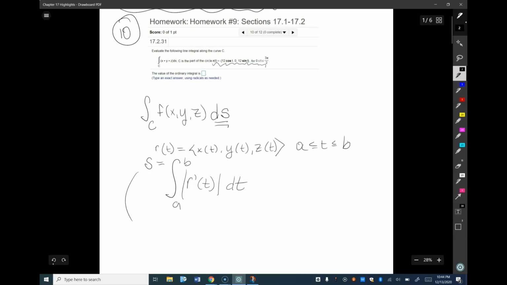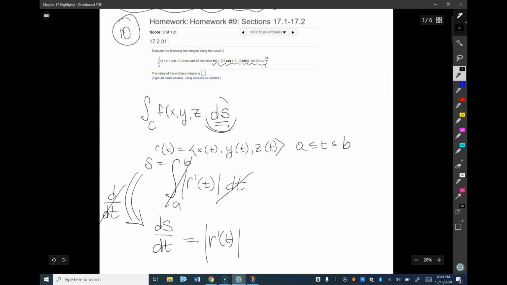Well, if we do a little bit of calculus on this, and in particular, I'm going to take the derivative with respect to t, we get ds dt equals, well, when I differentiate an integral, and they're both with respect to the same variable dt, they really just cancel each other out, and we're left with the magnitude of r prime of t.